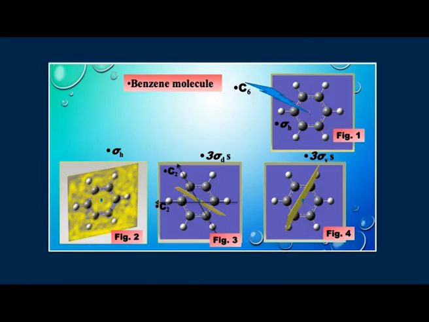The other set of planes we are discussing passes through the opposite corners, depicted in figure 4, right? They are vertical symmetry planes. Hence, for benzene there are 7 symmetry planes altogether, that is 1 sigma h, 3 sigma d's and 3 sigma v's.